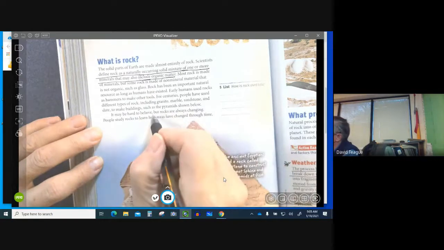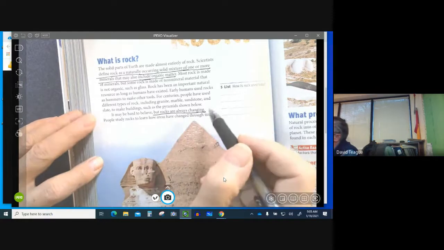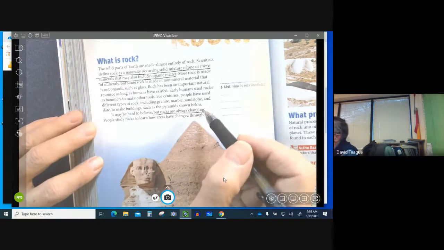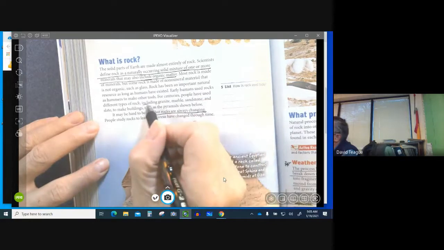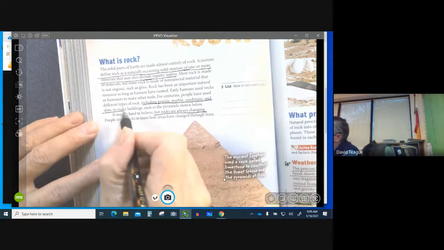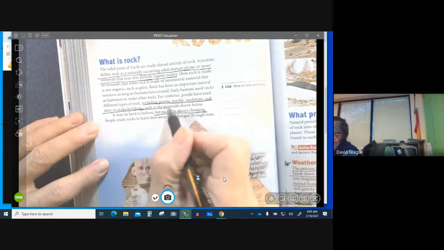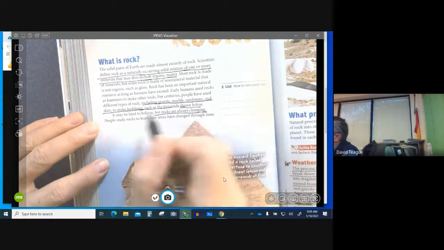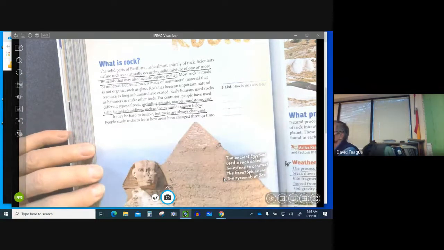I'm going to underline rocks are always changing. And I'm going to underline including granite, marble, sandstone, and slate to make buildings. So slate they usually use for floors. Granite and marble. You see a lot of granite, marble in kitchens now, on kitchen counters.